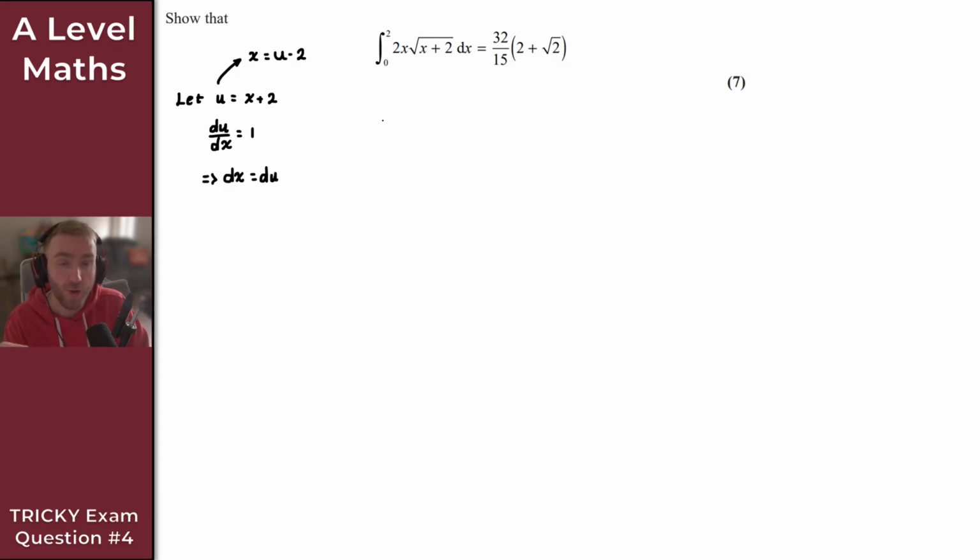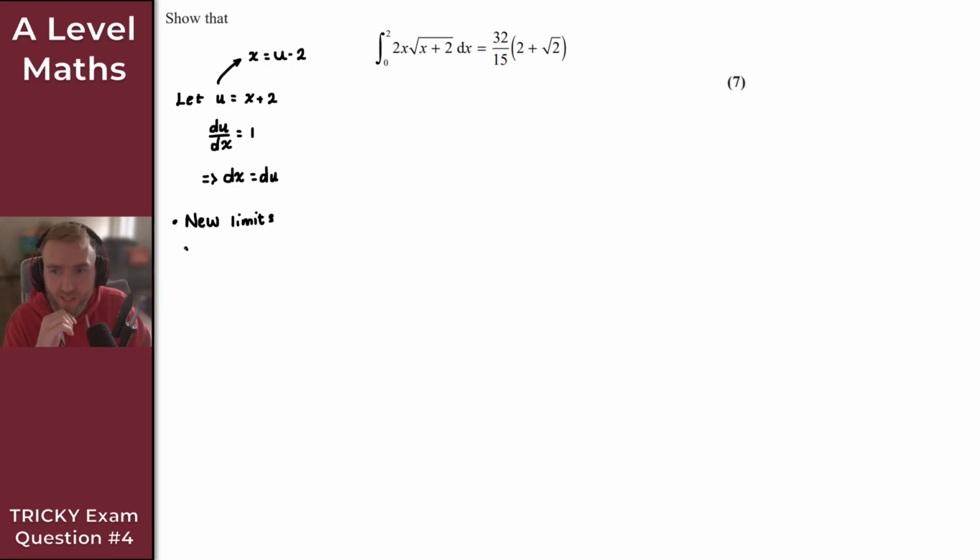Perfect. And don't forget, when you're integrating by substitution, we do also need to replace the limits. The original limits from 0 to 2 will not apply once we rewrite the integrand. So I'll do this underneath as well. To obtain the new limits, we just use this substitution, u is equal to x plus 2, where x is 0 and x is 2.